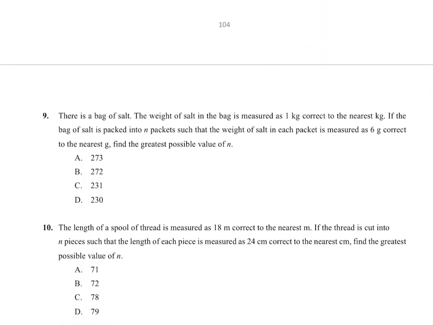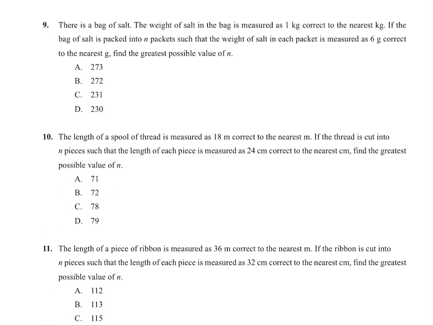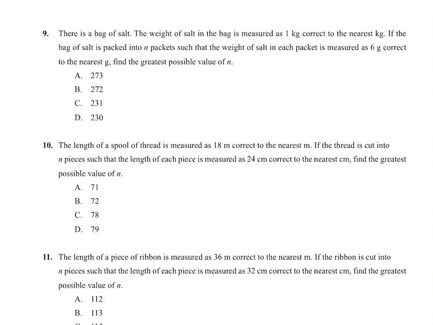The other type that you will also come across uses the same principle, but now we are putting a little more effort into the thinking. They have a bag of salt which is measured as 1 kg corrected to the nearest kg. Again, half of this is half times 1 kg, which is 0.5.